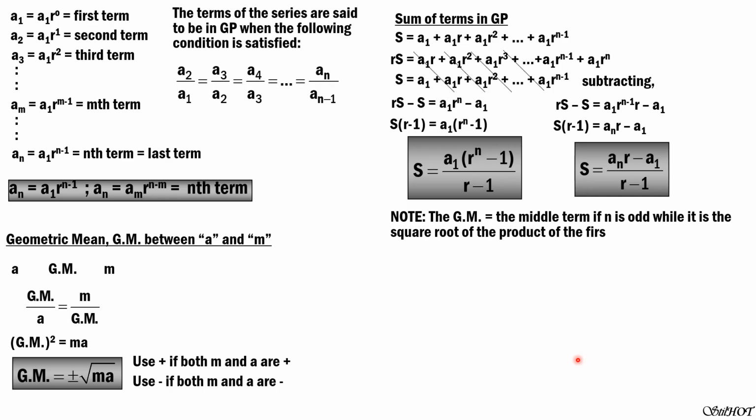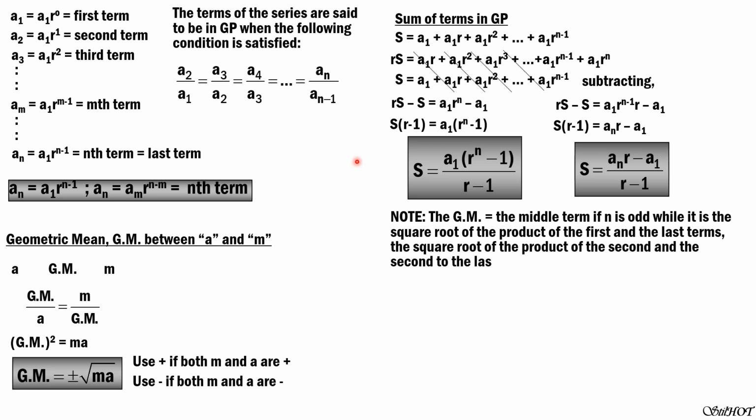So for instance, by the way, that's the observation. You can check this for the example given before: 2, 6, 18, 54 times 3, 162.